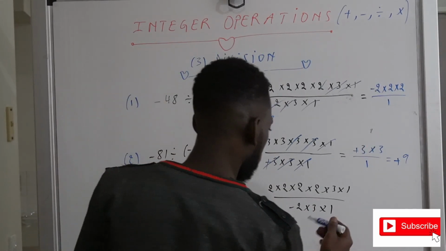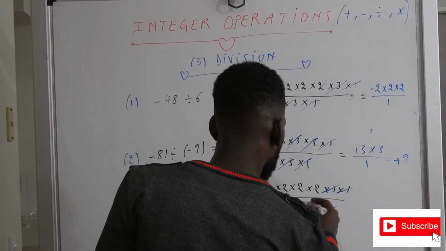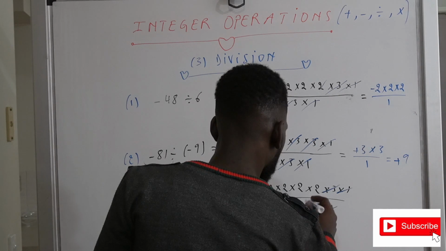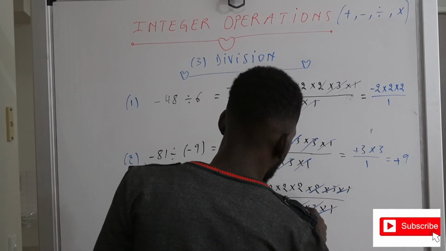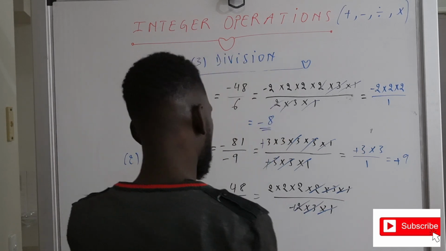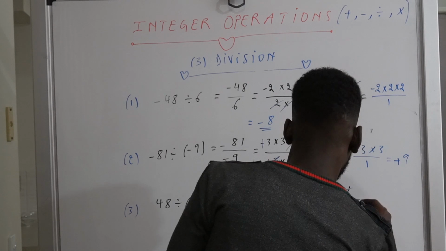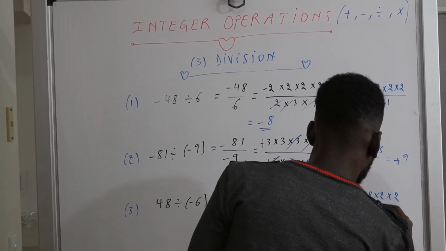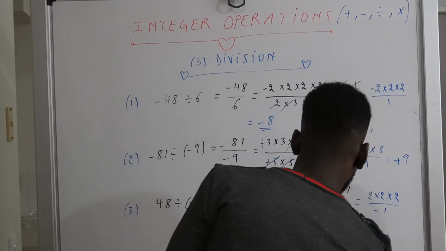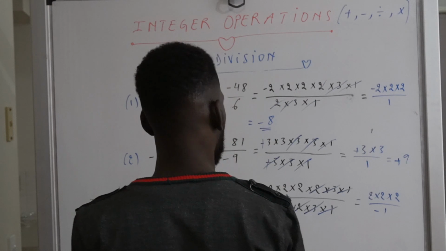And you can then simplify this, this and this, and then here you simplify this and this. However, you have 1 left, which then gives you 2 times 2 times 2 over negative 1, which is the same as negative 8.